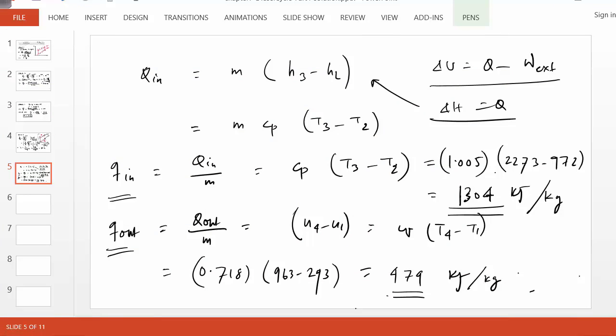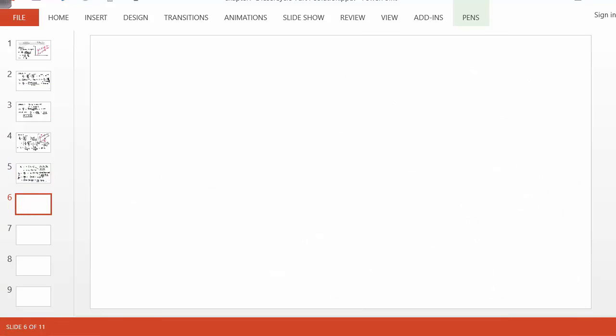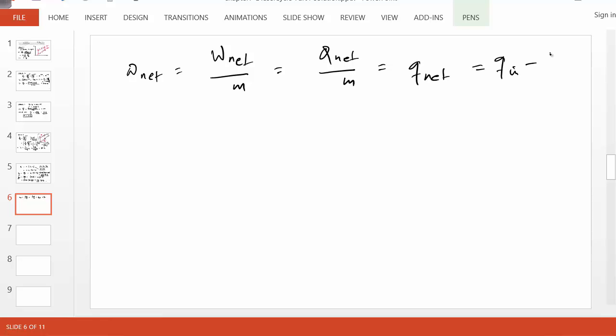So now that we know Q in and Q out, small w net equals capital W net by M, equals Q net by M, which is Q in minus Q out, which if you substitute, you can show it's about 825 kilojoule per kg.